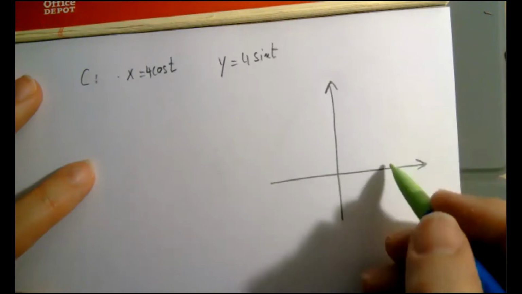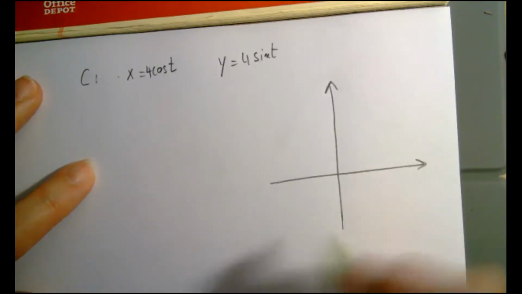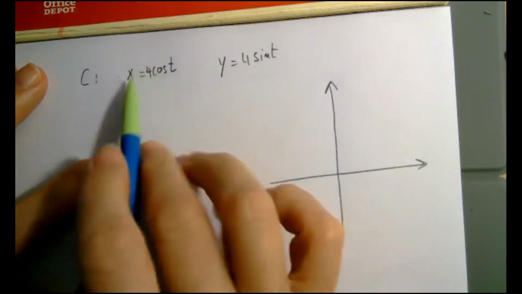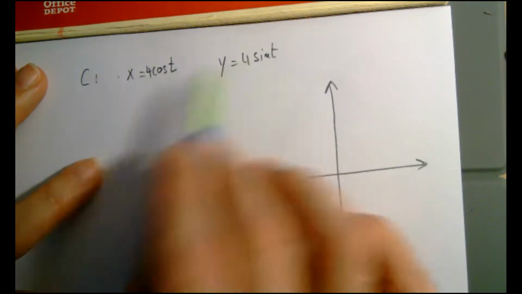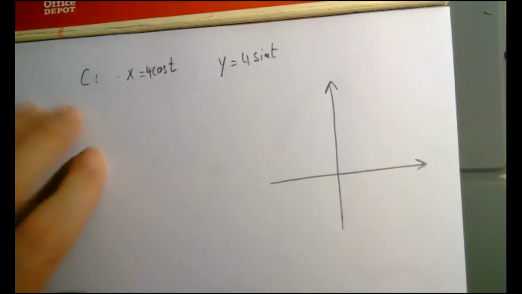What type of graph do we get? Do you guys remember what this should give us? So if I draw all those points that satisfy x equal 4 cosine t, y equal 4 sine t, what type of picture should I get right here?